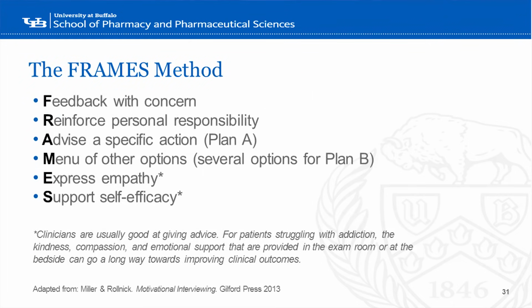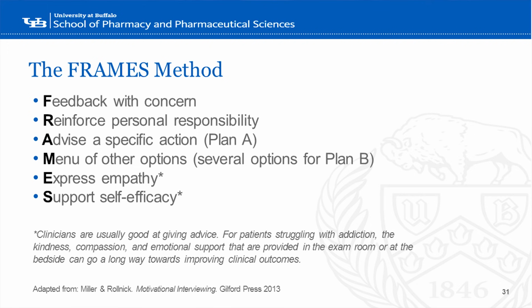Now, the FRAMES model can be used in these clinical situations. FRAMES stands for providing feedback with concern to the patient, reinforcing the personal responsibility that the patient has, advising a specific plan of action, Plan A, and offering a menu of options.